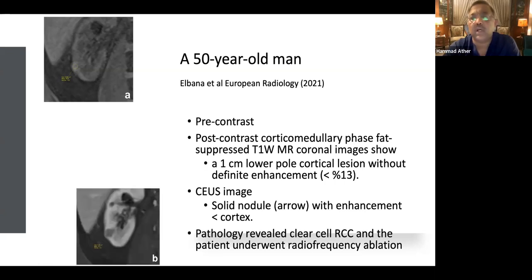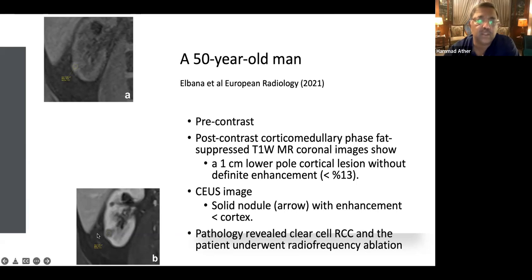The post-contrast corticomedullary phase fat-suppressed T1 weighted image shows that the lesion has enhancement, but it's not very definitive. It is less than 13% enhancement, and we know that under 20% is probably in the gray area.